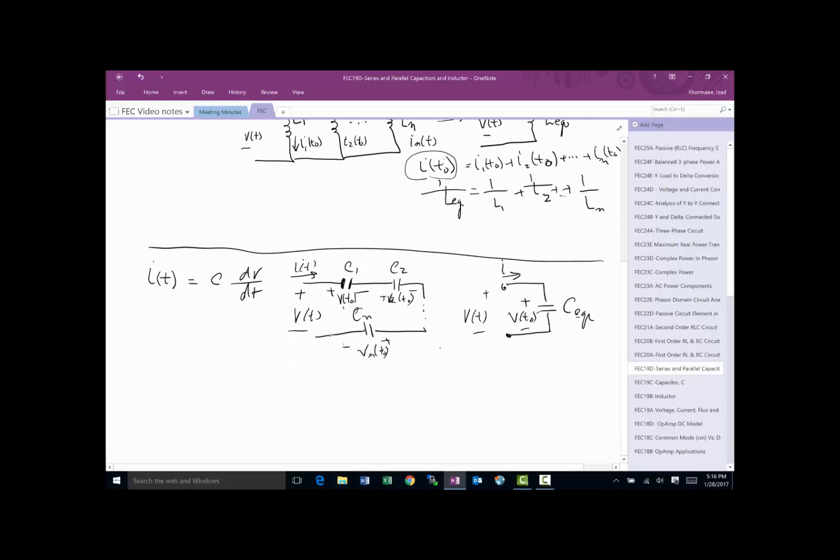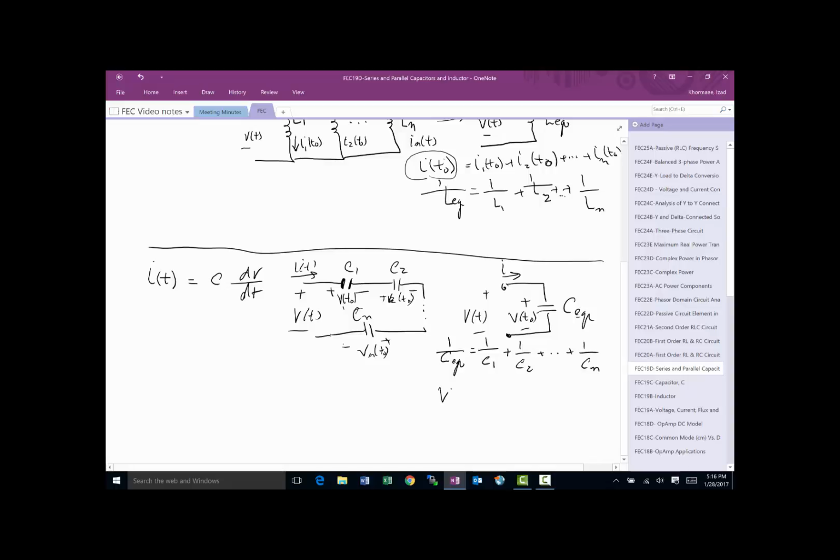So in here, when you have capacitors in series, the series definition is the same. They're connected on one side and the current through all of them is the same, which is the case here. So C equivalent is calculated by 1 over C equivalent equals 1 over C1 plus 1 over C2 plus 1 over Cn.